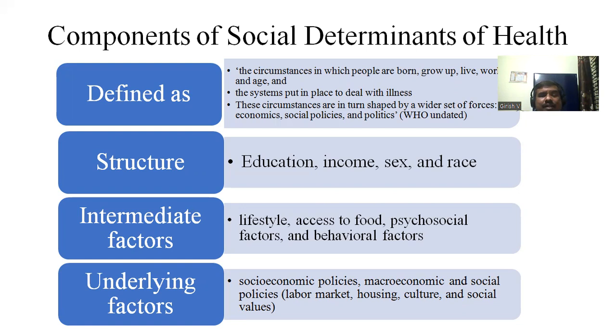That is the definition, and the components are structural social determinants like education, sex, and race, social determinants at the intermediate level, and at the macro level, underlying factors like macroeconomic policies, politics, labor market, housing, and culture. This is about the components of social determinants of health.